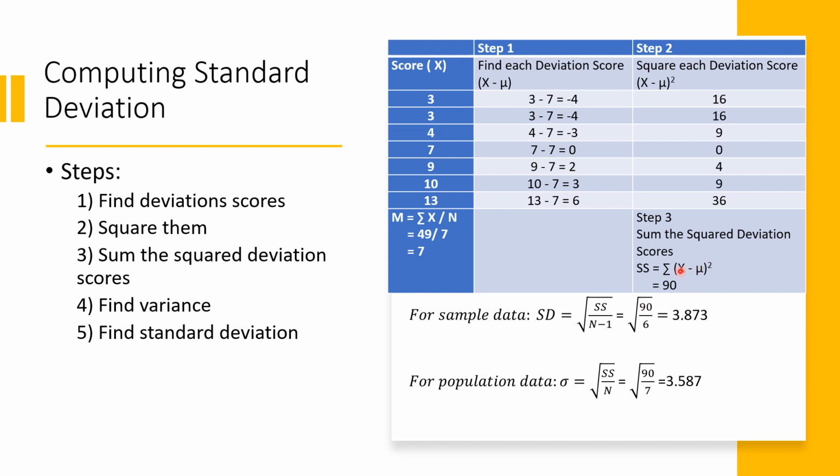The way you find the variance is you divide the sum of squares by either n-1 or n, depending on whether this data comes from a sample or a population. Then, after you turn it into a variance, you take the square root of that, and that will give you the standard deviation.